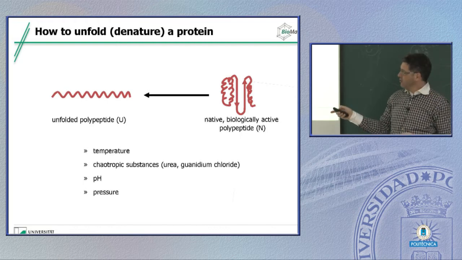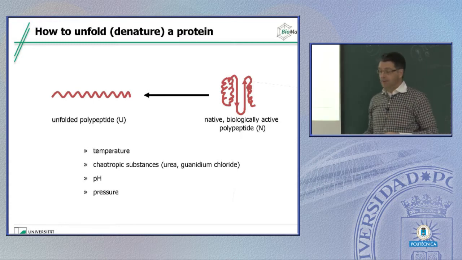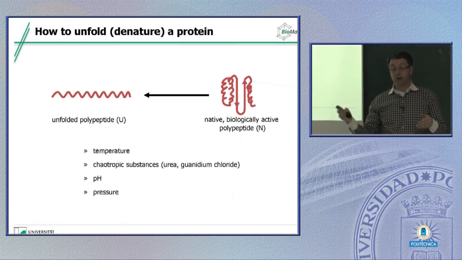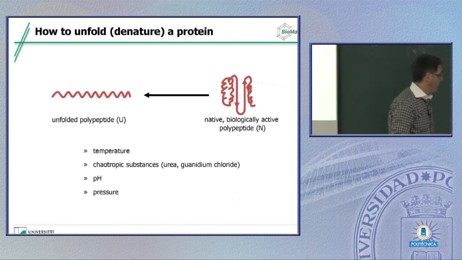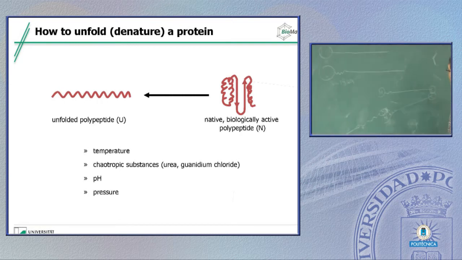Some typical chaotropic substances are urea, you know about that. A stronger one is guanidinium chloride, but these two still don't work on silk. If you work with silk, you need really strong denaturants like lithium bromide or guanidinium thiocyanate.